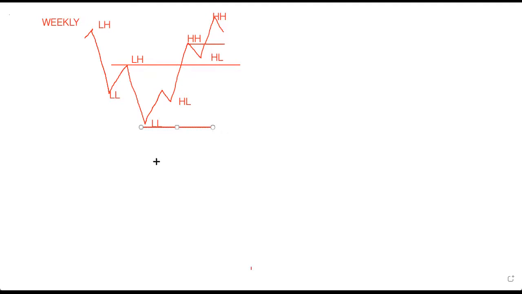Why has it broken this previous lower high? Because maybe on a larger time frame, we are now changing direction, or we are now trading in a correction move, or we are now switching on to an impulse move. So always ask yourself, why?